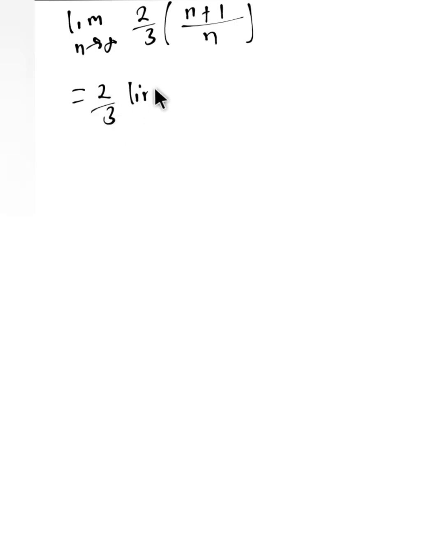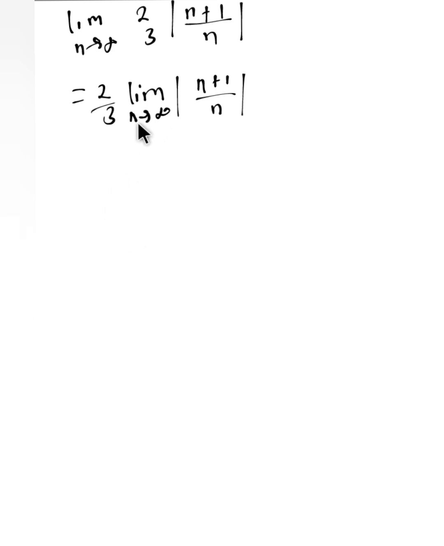Here we have the limit as n tends to infinity of 2 over 3 times n plus 1 all over n. Now we can simplify this to 2 over 3 times the limit of the absolute value of n plus 1 over n. Of course, 2 over 3 is a constant, so it comes out. So this is what we have now as n tends to infinity.